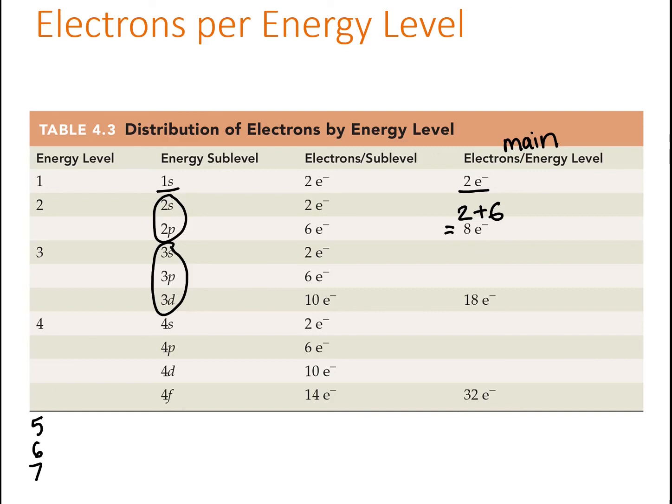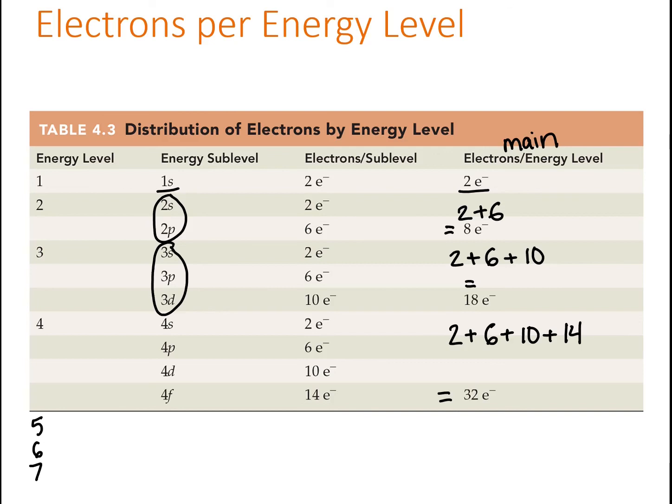In energy level 3, you can have the 2 in the S, plus the 2 in the P, plus an additional 10 in the D, and that gives you 18 electrons in level 3. Same thing for the 4. You're going to have the 4s with 2 electrons. The 4p, you have 6 electrons. 4d up to 10. And then the 4f is up to 14. And that equals 32.